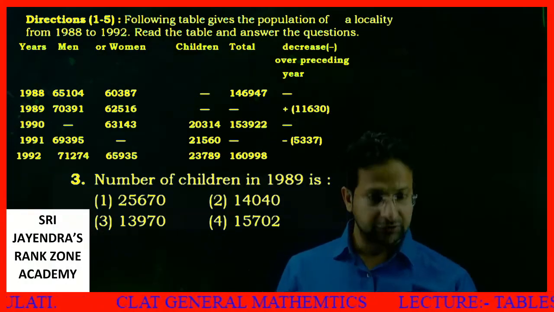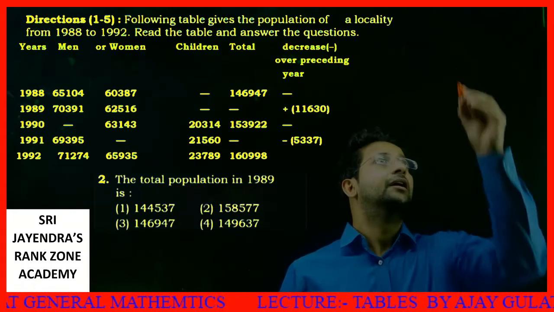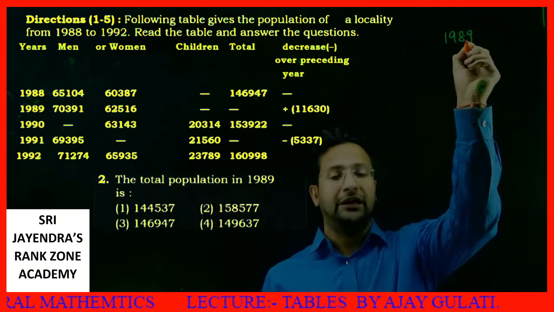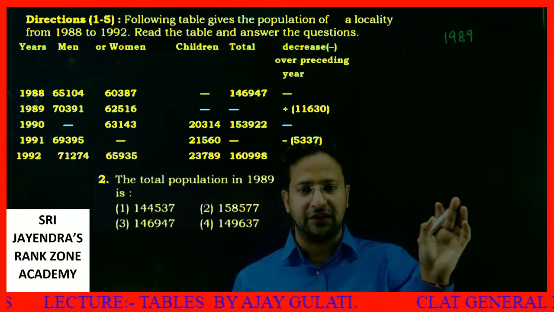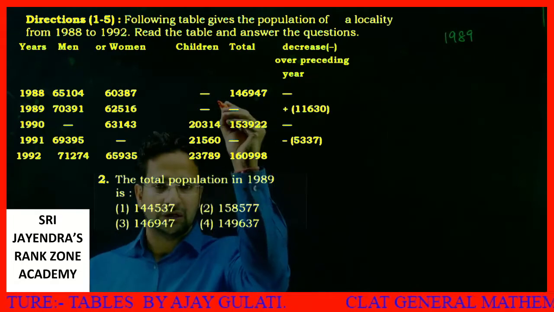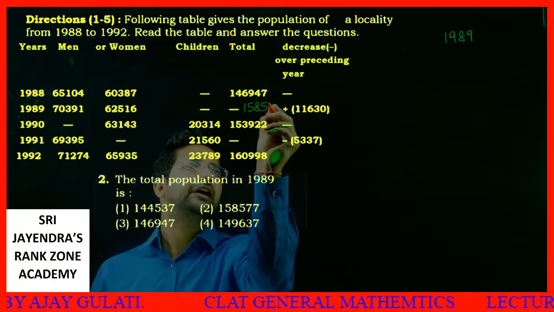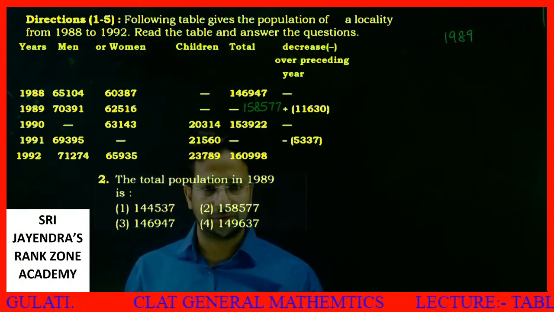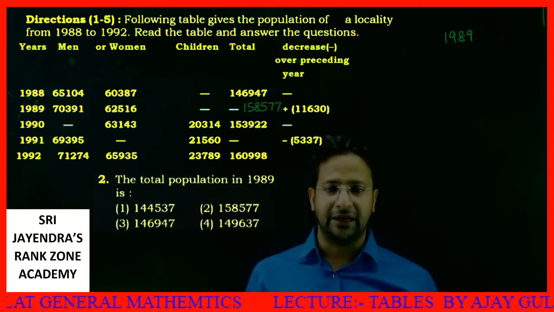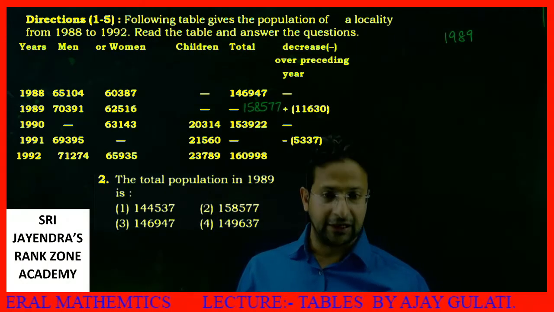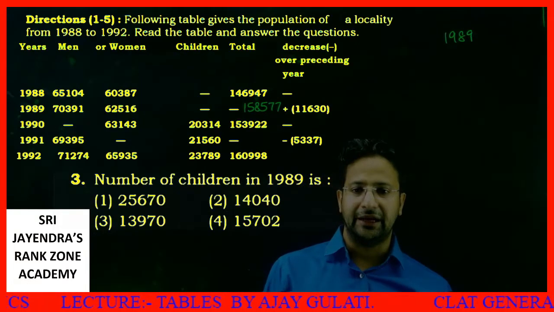Let's look back. What was the total population of 1989? It came out to be 158577. Let me write it over here. The total population is 158577. Now, what are we being asked? The next question is the number of children in 1989.